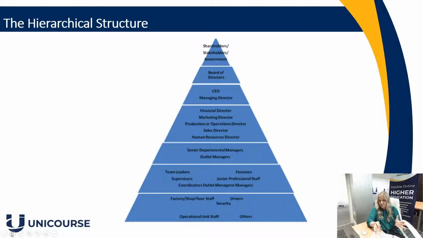But a downside of this is that sometimes you might need, say, the third or fourth panel. So you might need the financial director, for example, to approve an incentive for the operational unit staff at the bottom, and that could take time to funnel up the chain of command before it's approved to come back down.